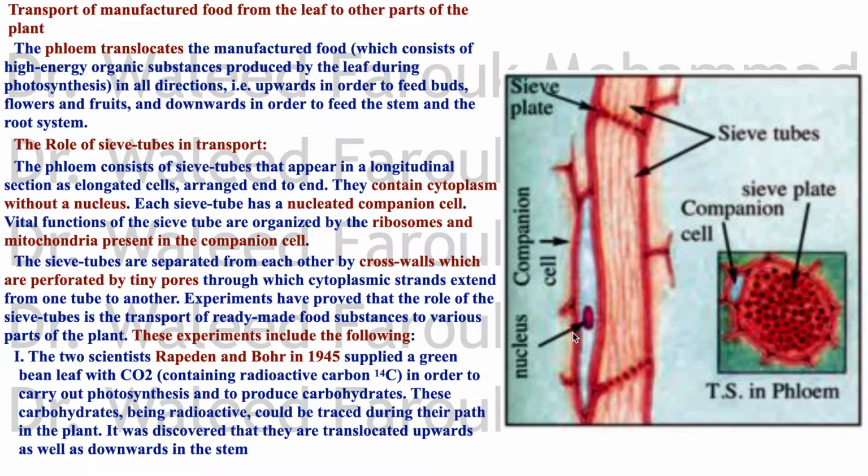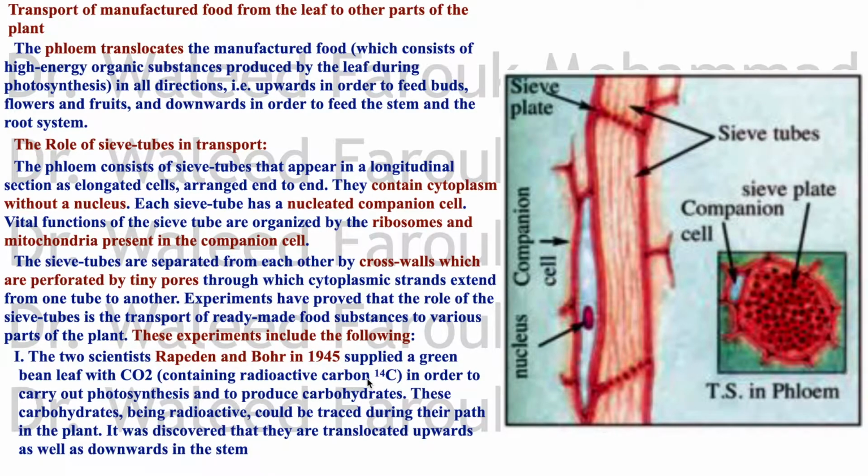Experiments have proved the role of the sieve tubes in the transport of ready-made food substances to various parts of the plant, and the experiments included the following. Two scientists, Rapidin and Bohr, used carbon-labeled CO2 gas, using the radioactive C14.